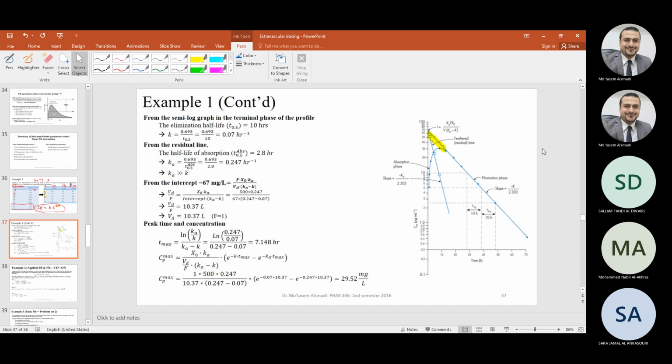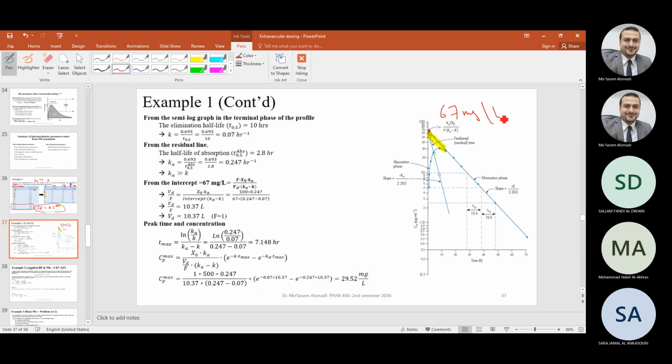Now, also, upon extrapolating the values, we found the intercept, which is the capital A, right? That was found to be 67 milligrams per liter. So this intercept here is equal to 67 milligrams per liter. How can I use the intercept?